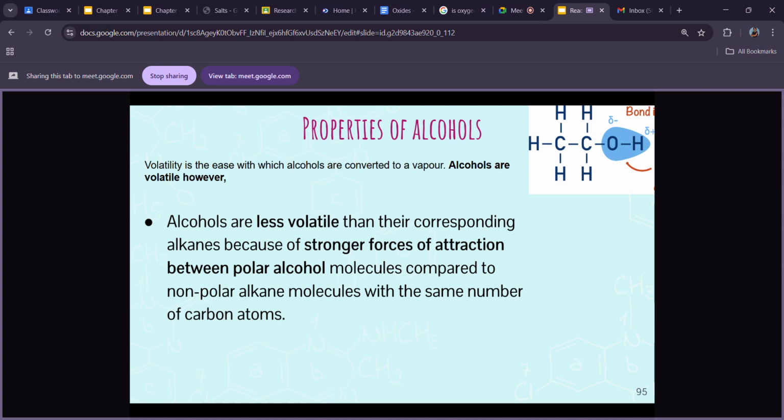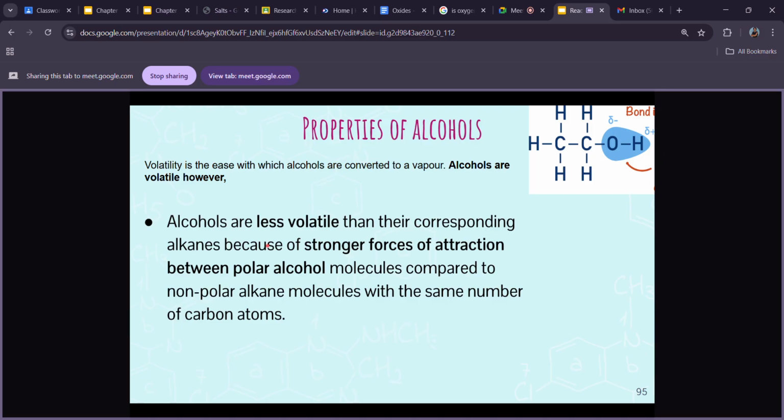If you were to put a drop of alcohol on a table, it would evaporate in about 2 minutes or less. That's how volatile alcohol is, and you can compare it to water. Water takes a very long time to evaporate, so we say that water is less volatile. So alcohol is actually very volatile.